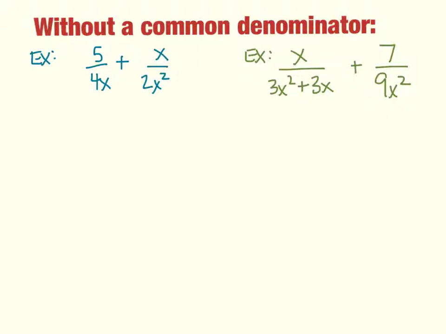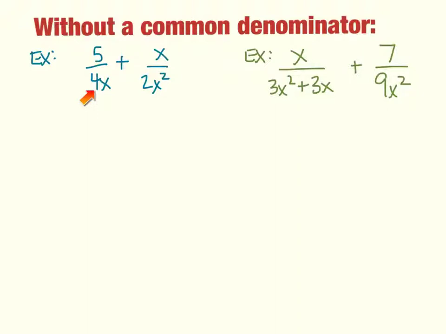Okay, whenever we don't have common denominators, we have to figure out what each of these fractions needs from the other to have a least common denominator. So if I'm looking at 5 over 4x, I just need to concentrate on this 4x and 2x squared.